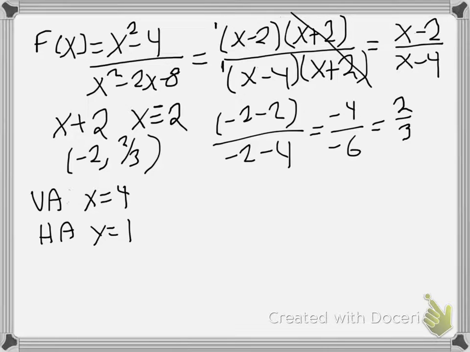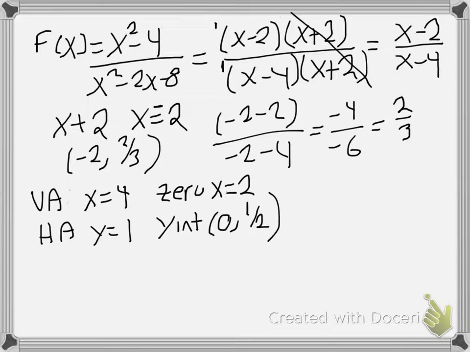We have degree 1 and degree 1. We have a 0 at x equals 2. A y-intercept at 0, 1/2.